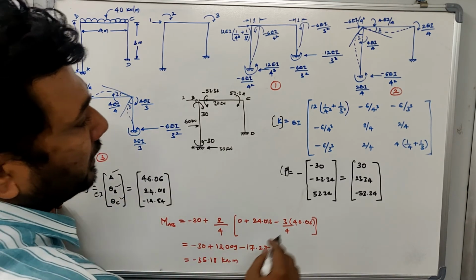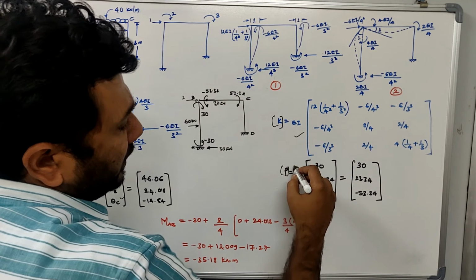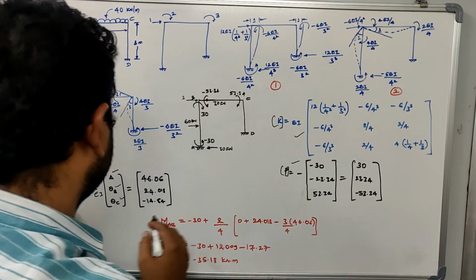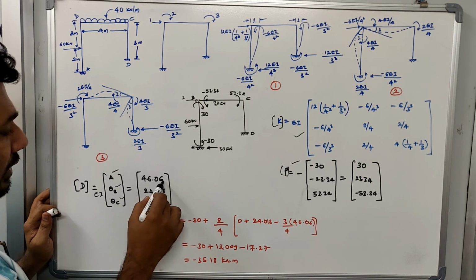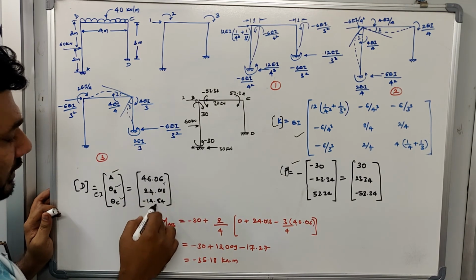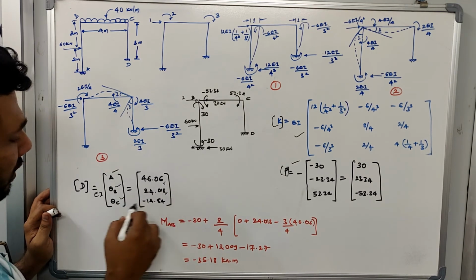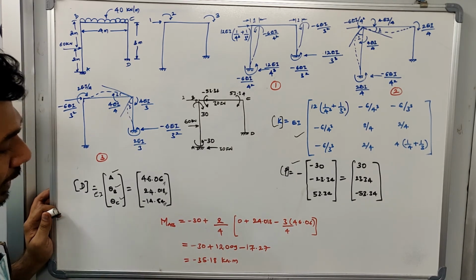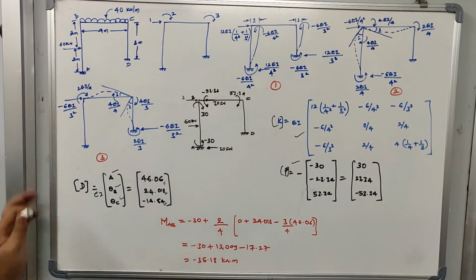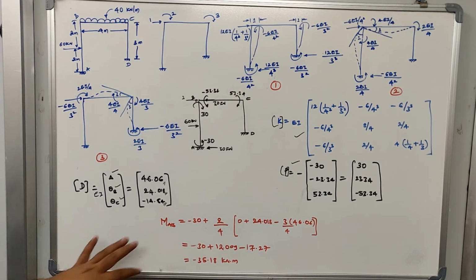By multiplying the inverse of the stiffness matrix with the force matrix, we can calculate the displacement matrix. The displacement values are EI delta is 46, EI theta b is 24, EI theta c is 14.84.